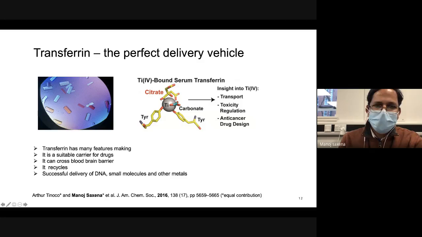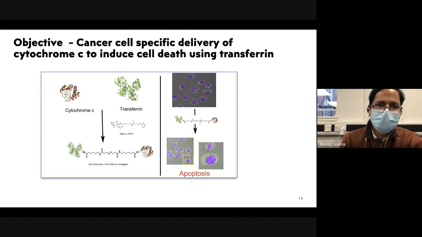So encouraged by these previous studies and by my experiment of uptake of transferrin in A549 cells, I further designed a system by which these two proteins, cytochrome C and transferrin, were attached together for uptake into cancer cells.